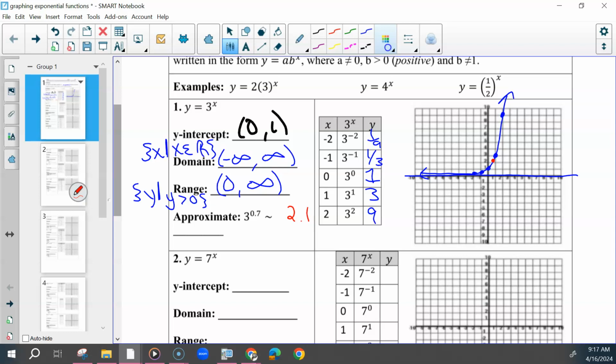Go ahead and put 3 to the 0.7 in your calculator, see what it actually is. So put in 3, raise it to the 0.7.